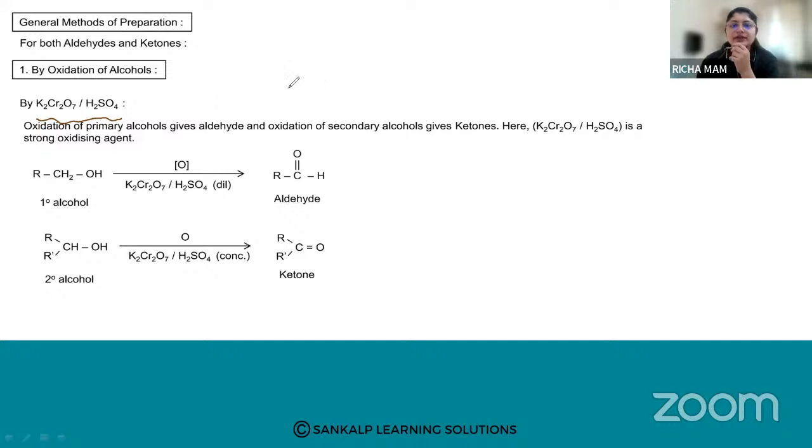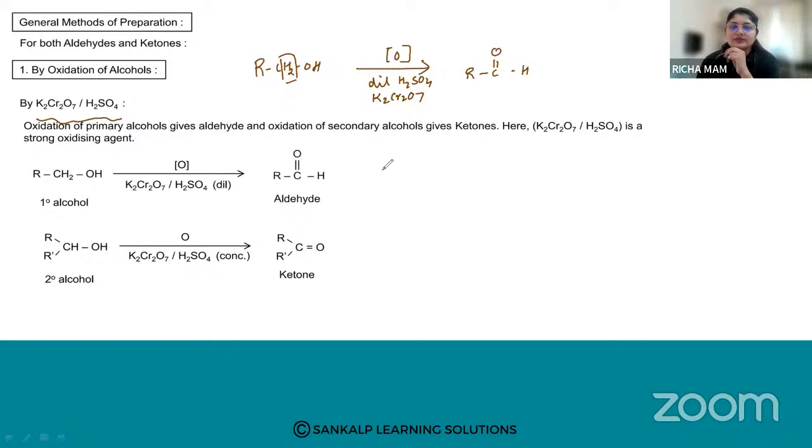If you take a primary alcohol and treat it with K2Cr2O7 in the presence of dilute H2SO4, the condition being dilute sulfuric acid, you will get an aldehyde. What happens here is there will be loss of hydrogen. Oxidation means loss of hydrogen.